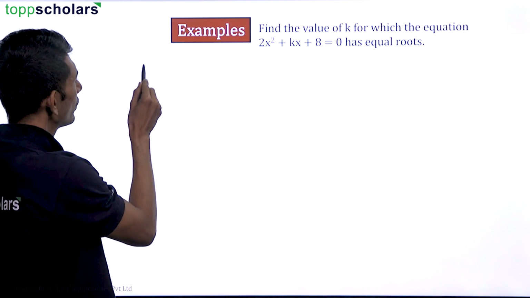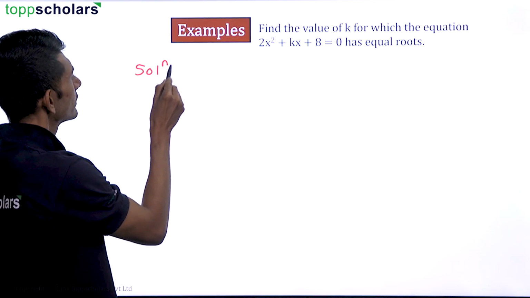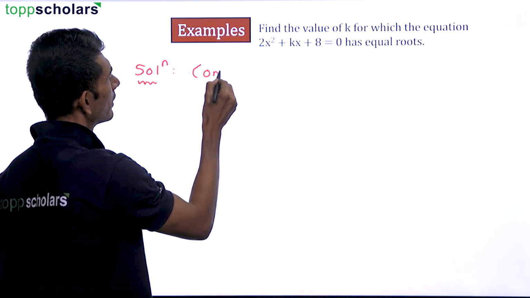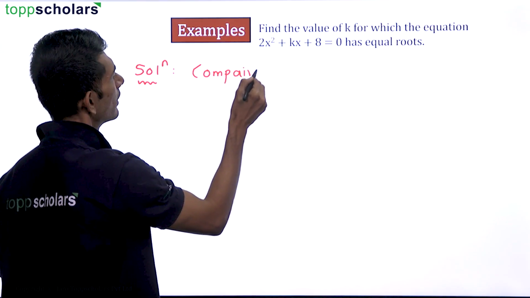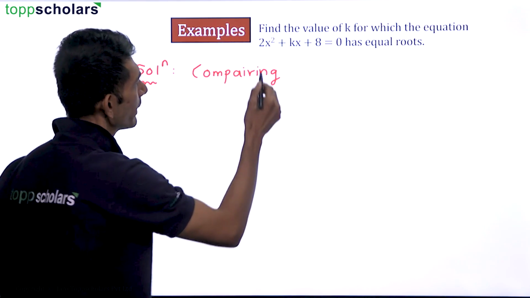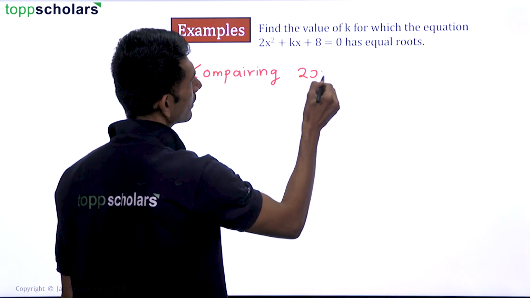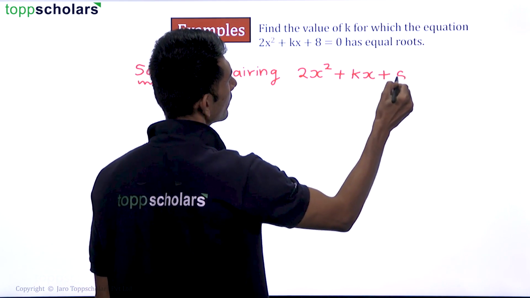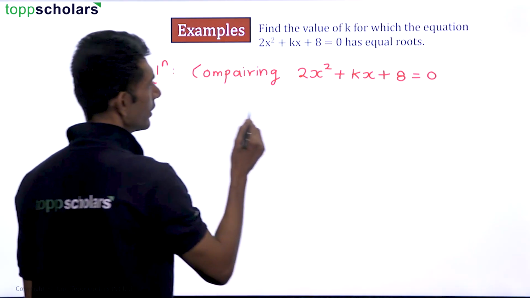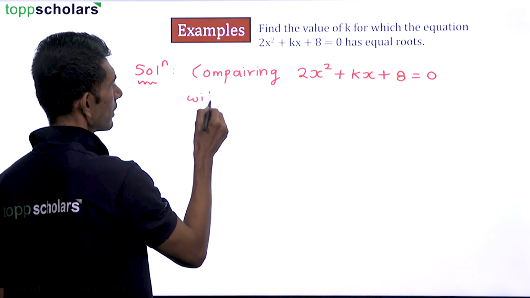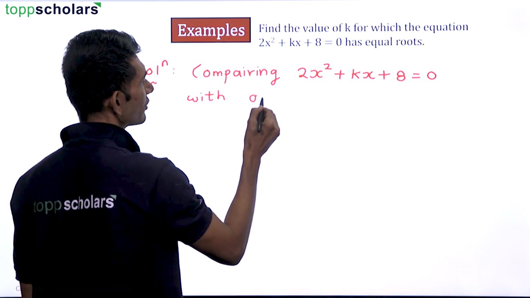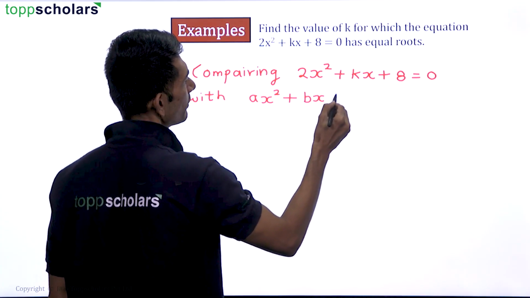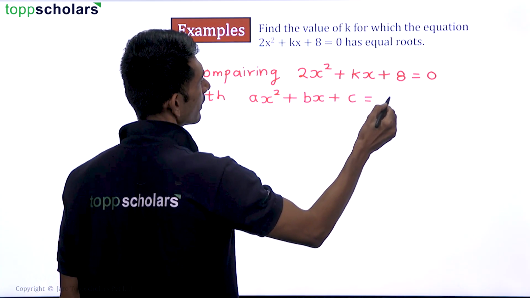Okay, so firstly what we will do is, whatever is given to us, that is the quadratic equation, we'll compare that. So comparing 2x² + kx + 8 = 0 with ax² + bx + c = 0.